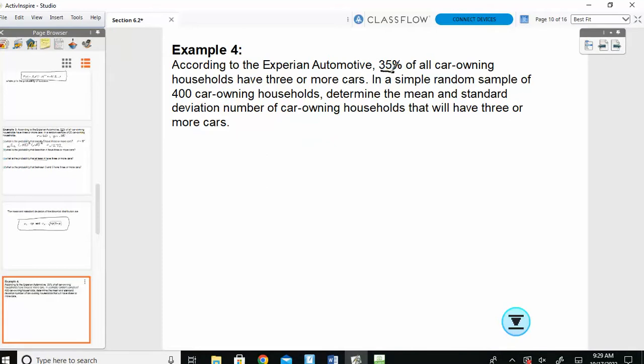So our same scenario, 35% of all households have 3 or more cars. So that's my P. But this time I'm not just going to look at 20 of them. I have a random sample of 400. So what does that 400 represent? N. And I want the mean and standard deviation.